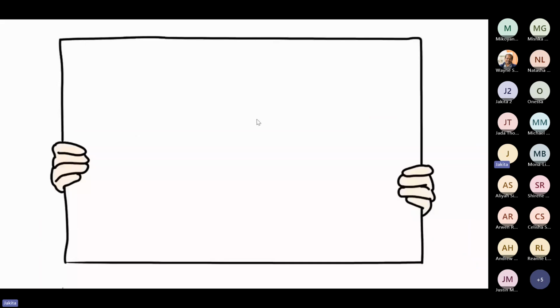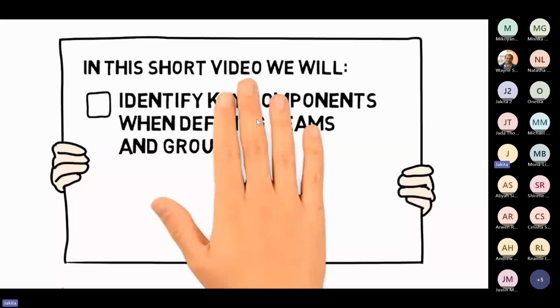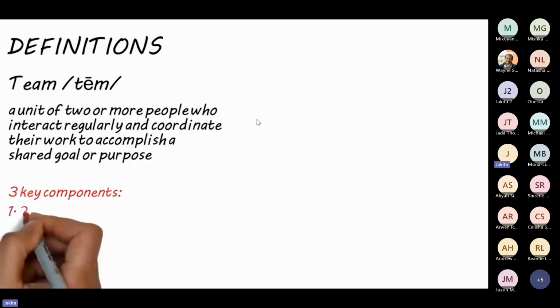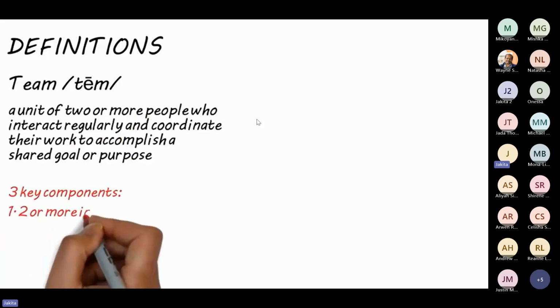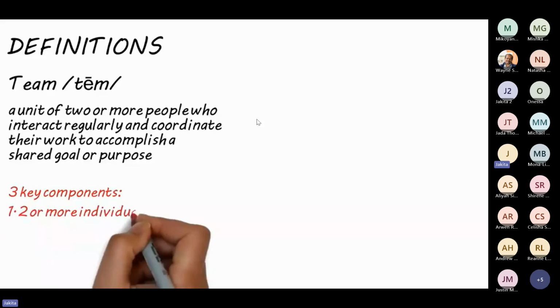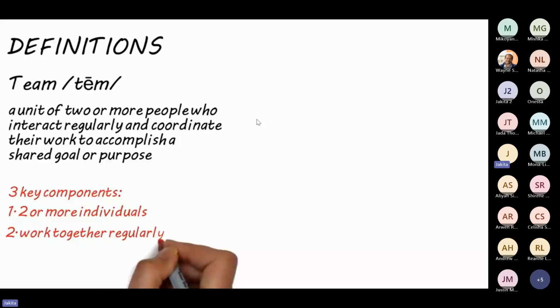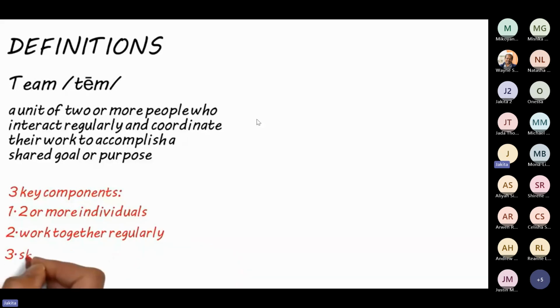In this short video, we will compare and contrast teams and groups by looking at the definitions and characteristics. A team is a unit of two or more people who interact regularly and coordinate their work to accomplish a shared goal or purpose. The three key components being that teams are made up of two or more individuals, the individuals in teams work together regularly, and they share a goal.